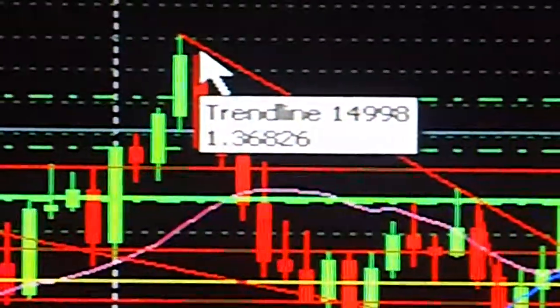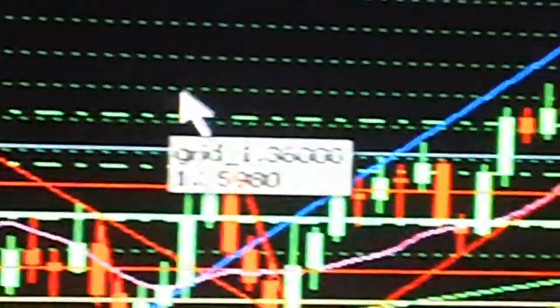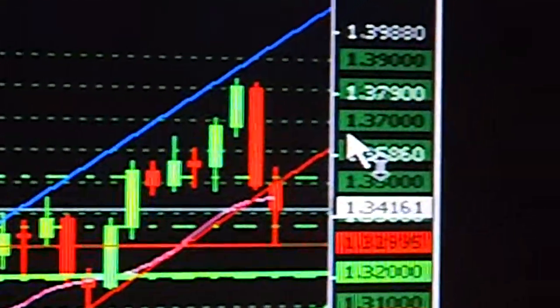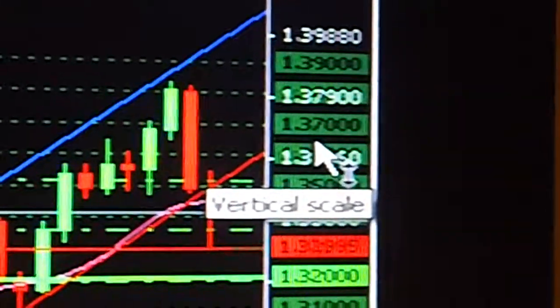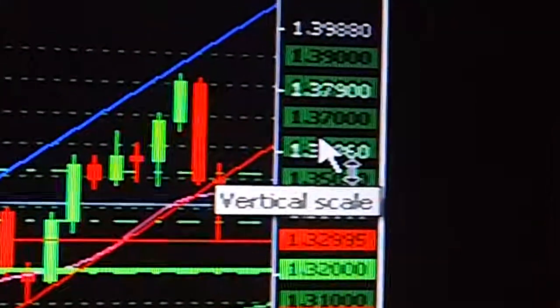So you get the difference between the price values. Up here, for instance, the price was approximately $1.32 per euro. This is the price we pay for euros.